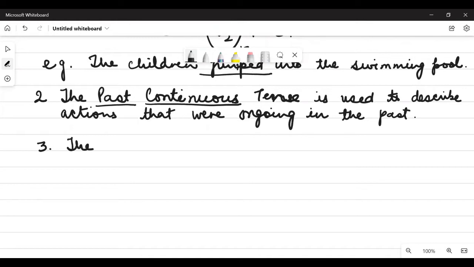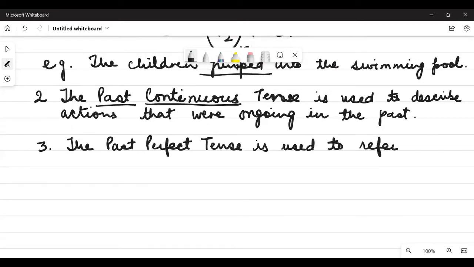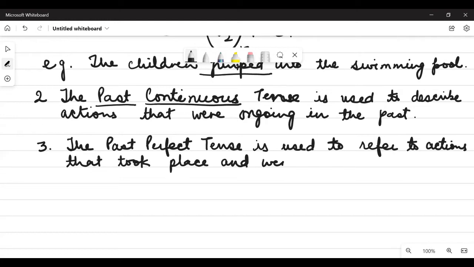Okay. Yes, next, ma'am. Next, the past perfect tense. The past perfect tense is used to refer to actions that took place and were completed in the past, right?